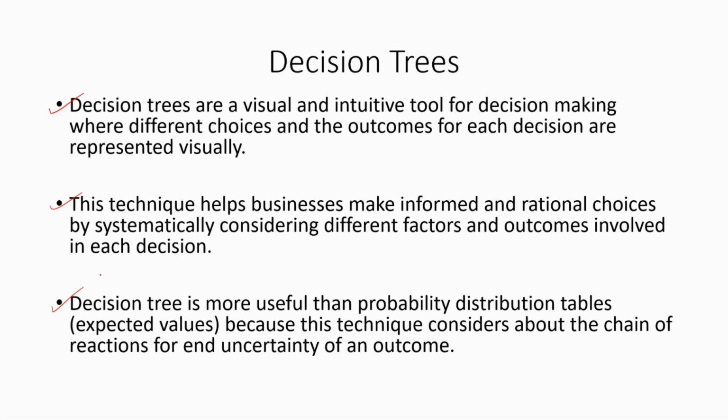We did not consider what were the factors affecting that outcome. Here under decision trees, we are going to consider those hidden factors as well. So simply, the decision tree method is more reliable and useful than expected values. And also remember, for the calculation part of decision trees, we are going to use the expected values technique.